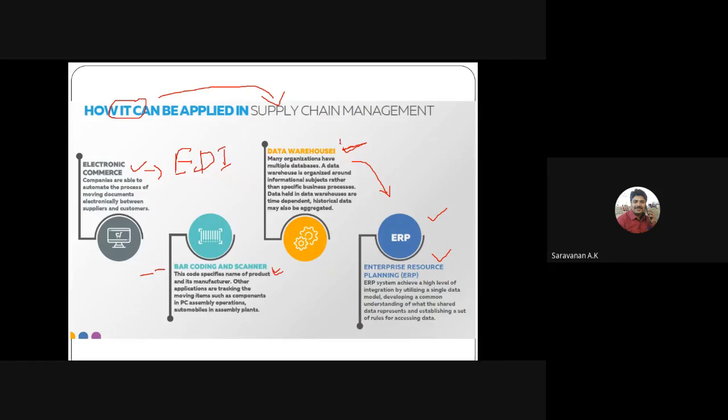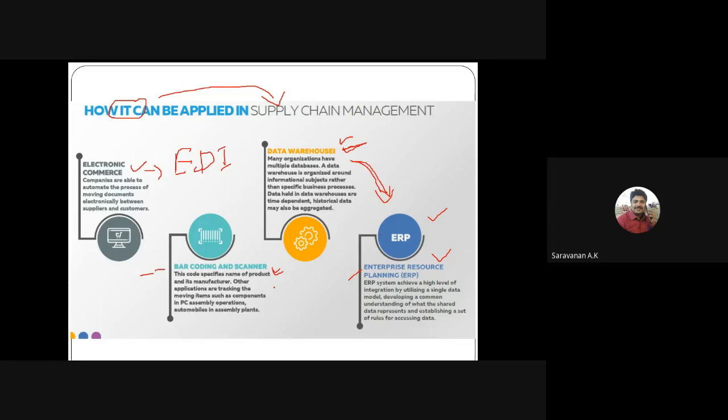Then we will see the different types of management systems used in an organization, how they are enabled at all stages, and how resources are planned with enterprise resource planning.